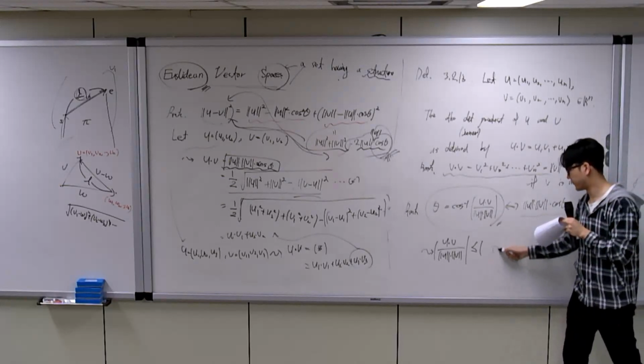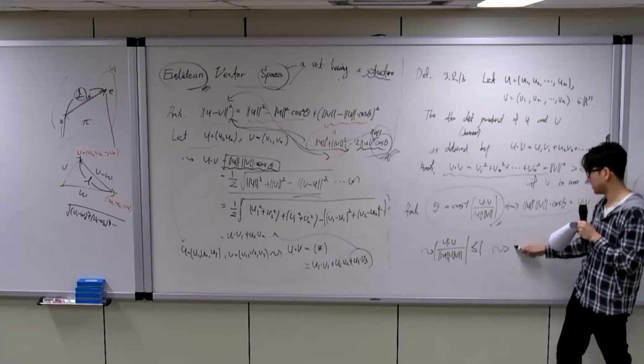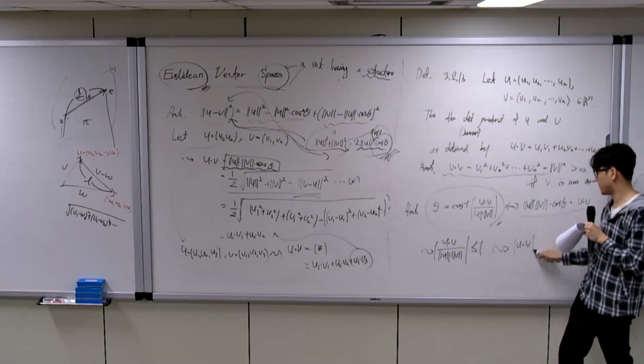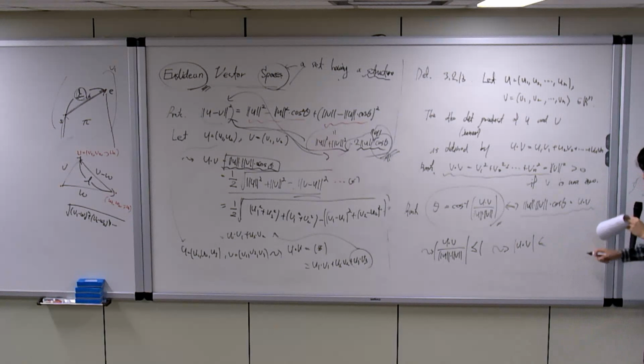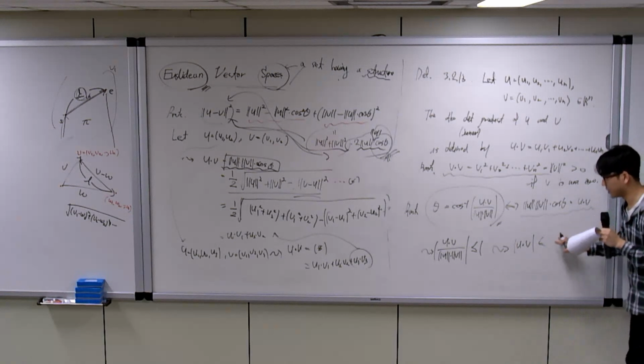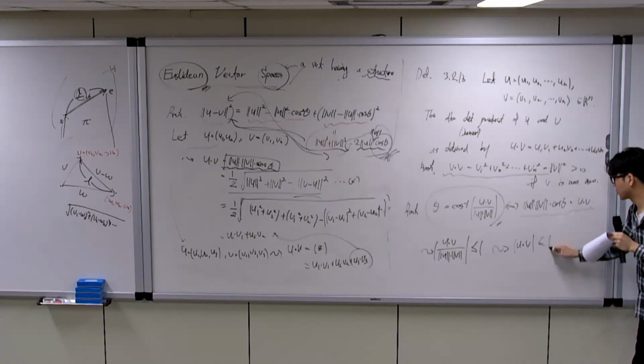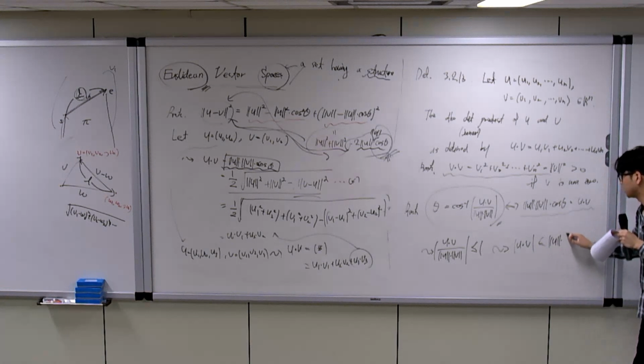And from this we might consider the Cauchy-Schwarz inequality. Of course, it is not a formal proof.